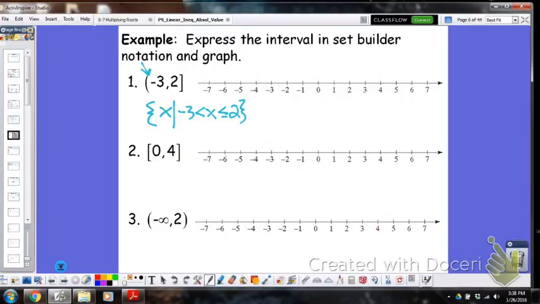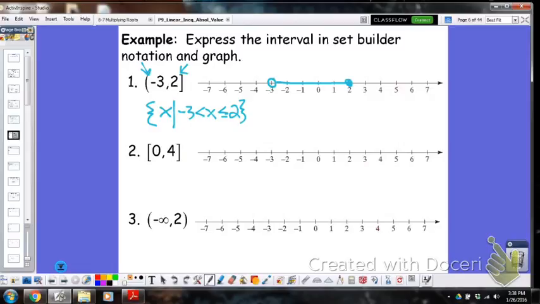And I know that it's less than or equal to the 2 because of the bracket. And now to graph this, I know I have a point at -3, and it is open because of the parenthesis, and a point at 2, and it is closed because of the bracket, and I will be everywhere in between.